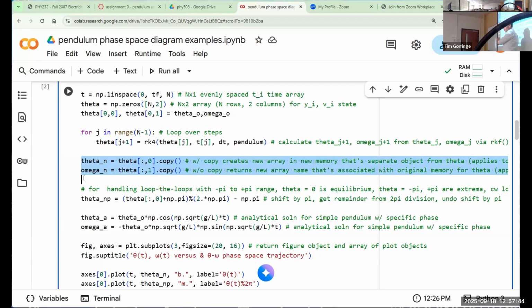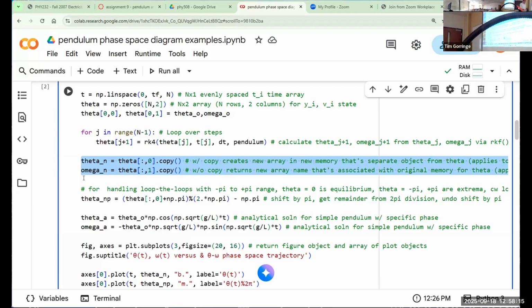So it doesn't give the new variables their own copy of the original array. Rather, it just associates the new variables with the old array. So if you don't use the copy and then you go on and change the thetas, you'll change the theta underscore n's and omega underscore n's without realizing. So that's the danger of it.